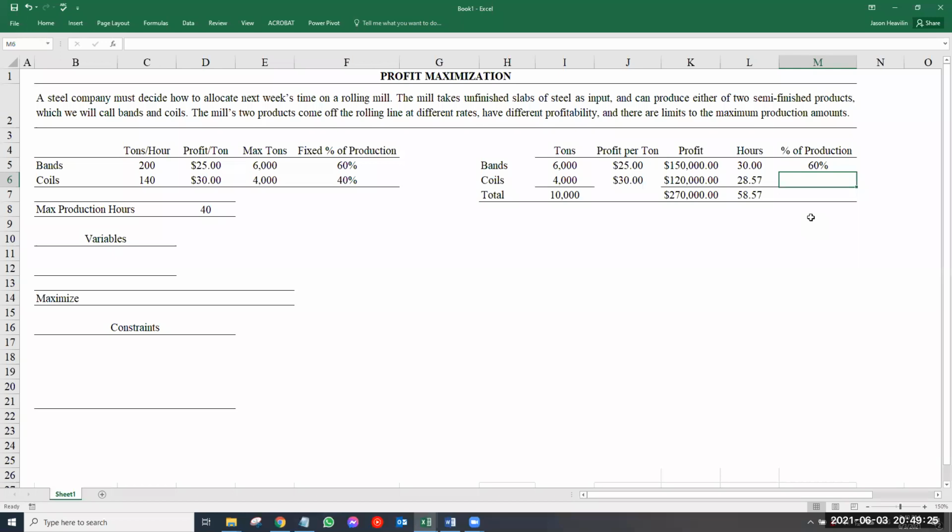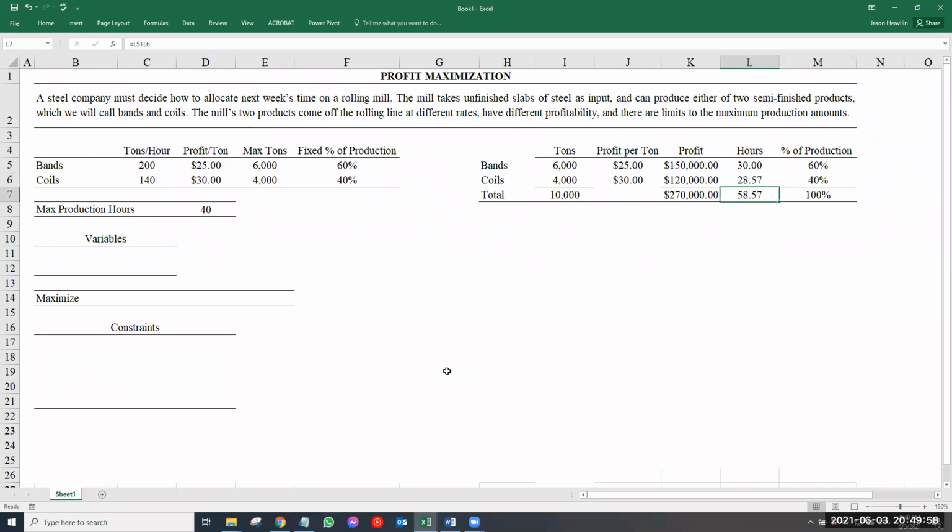Let's do that again with the 4,000 multiplied by the total to the -1, and that's our 40%. The reason I did it individually is because if you have a situation with 4, 5, 6 products, you will need to do it one by one. Everything seems to be okay except the hours.